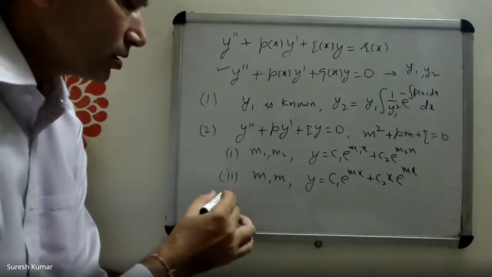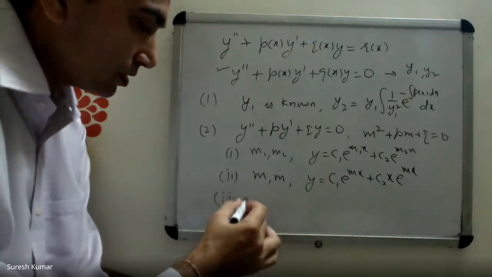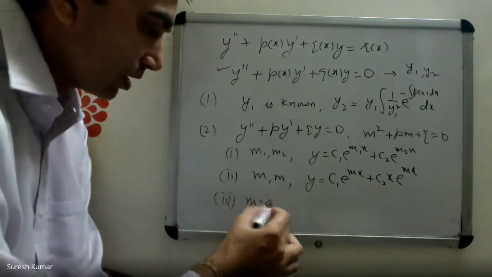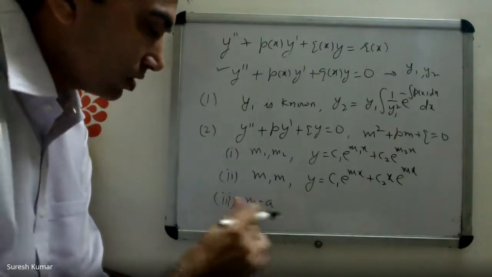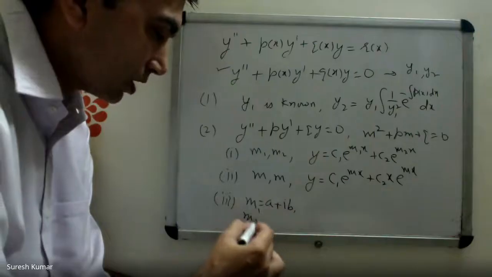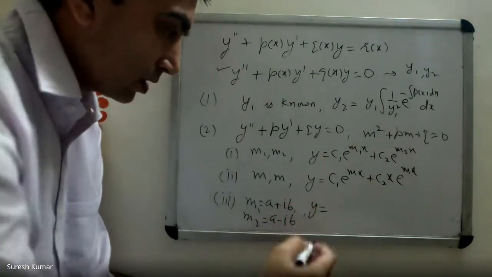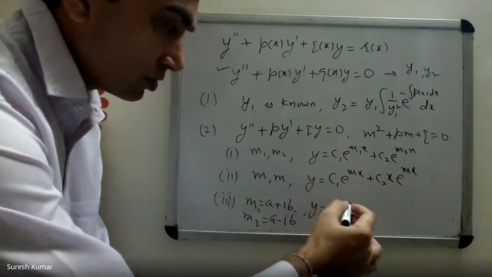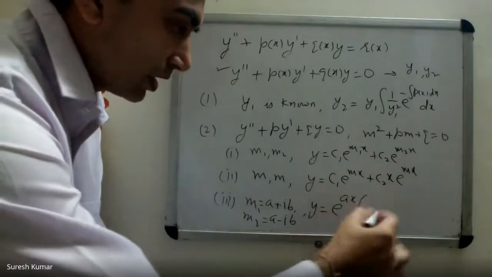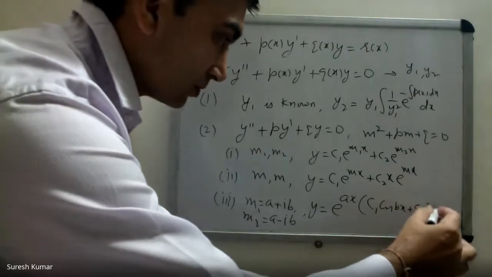Third case, if the roots are complex, say m1 is a plus i b, m2 is a minus i b, then we can write the general solution as e power ax times (c1 cos bx plus c2 sin bx).